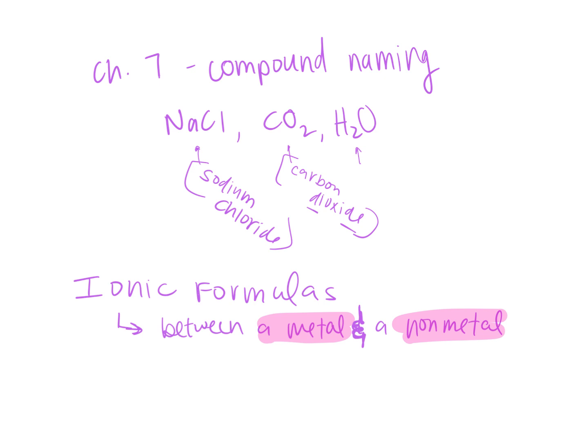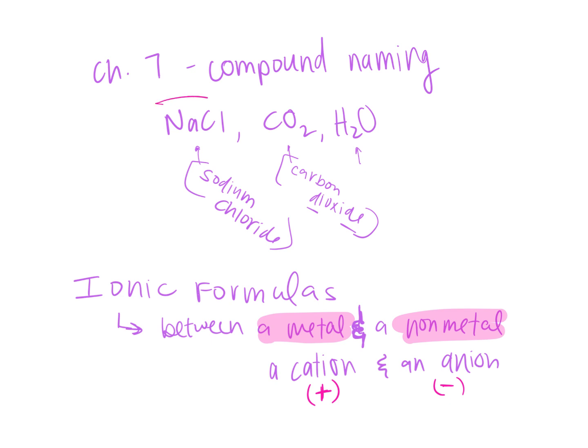An ion is an atom that has any type of charge. So if an ionic formula is between a metal and a non-metal, another way we could say that is between a cation, which is a metal, and an anion. Non-metals have a negative charge, right? This is negative, and this is positive. So another way to think about an ionic compound is that it is built between a positively charged ion and a negatively charged ion. Okay, that's where we put them together.